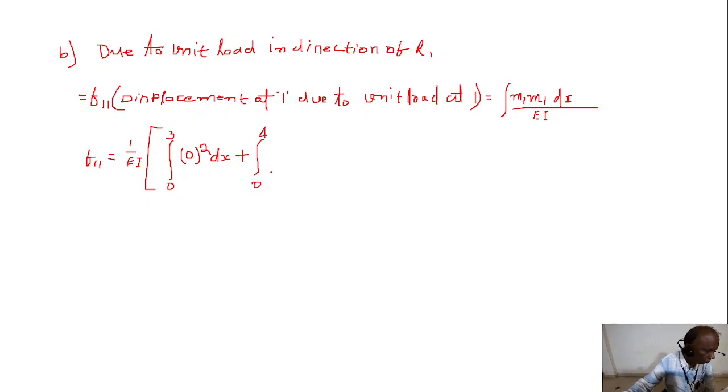This is the BC segment. So m1 is minus x, so this is minus x whole square dx.